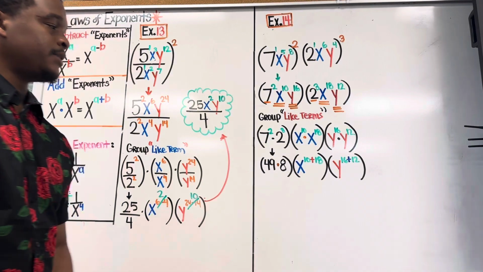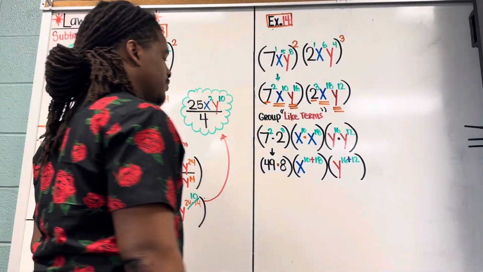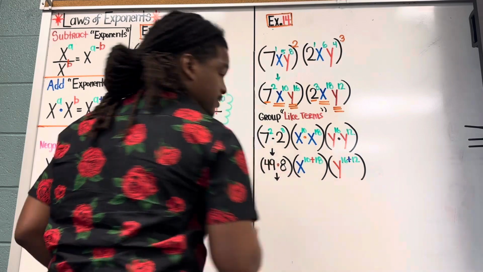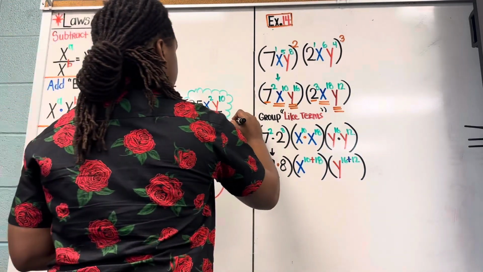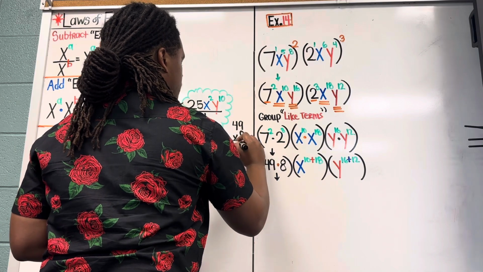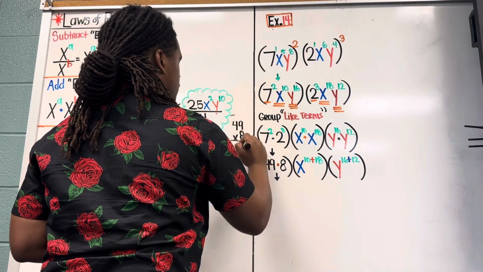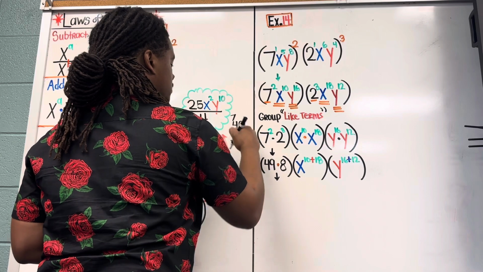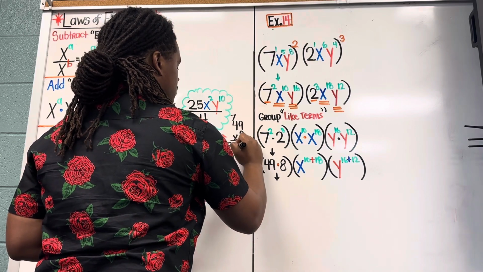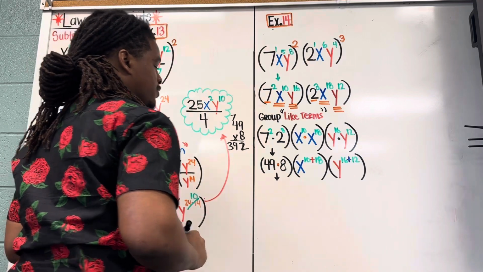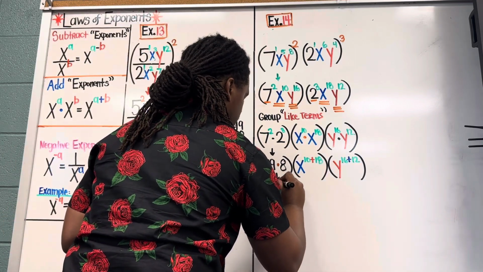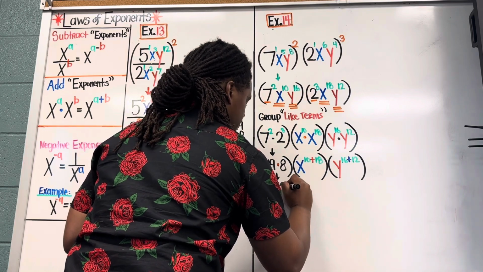Now what we need to do is multiply 49 times 8 and see what we get. 49 times 8 is 392.